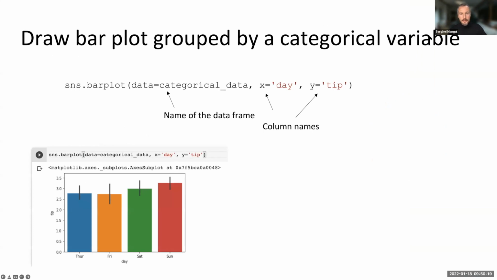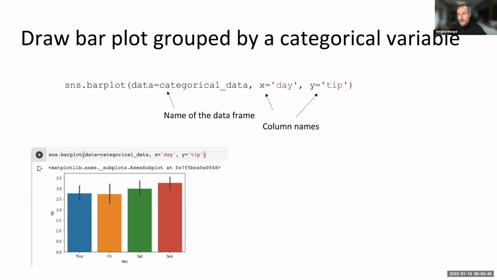Many commands will be just one line of code, so not so bad, I hope. That's the command to produce a bar plot. You say sns, and remember what sns is? It's Seaborn, because we have imported it this way.